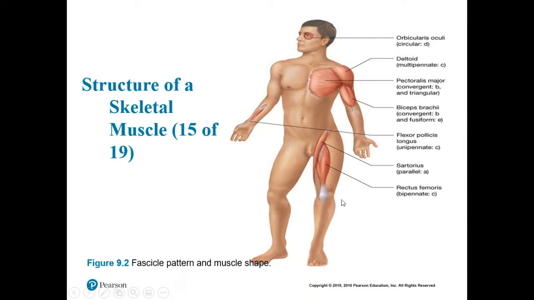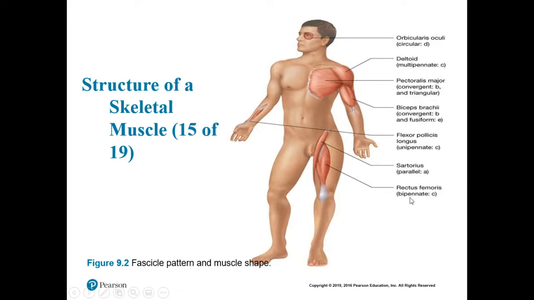So again, rotating it, not abducting it. That's different. In order to bring it back, you use your sartorius muscle to bring that leg rotation back to normal, back to anatomical position.